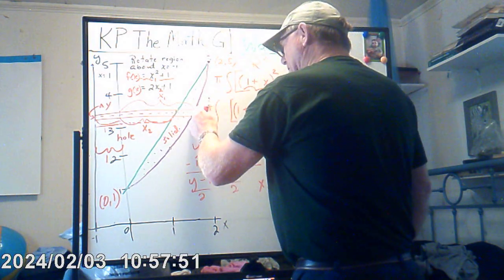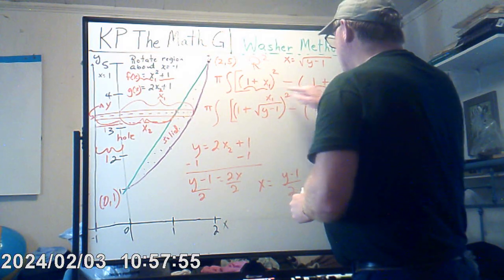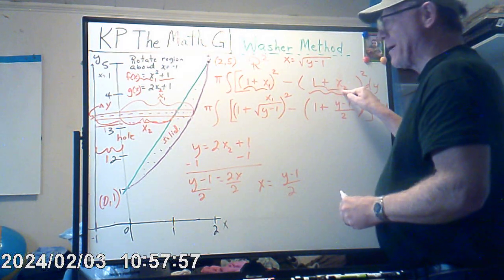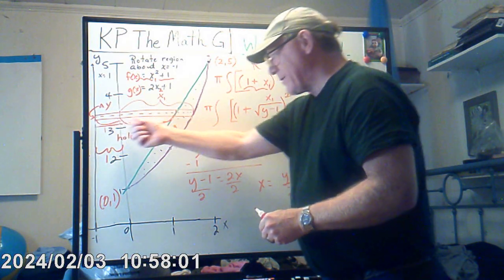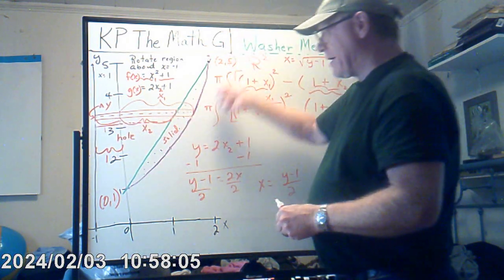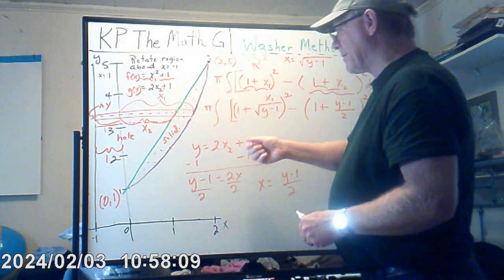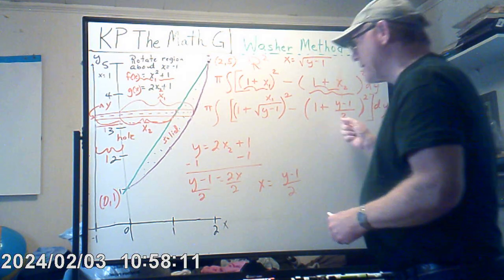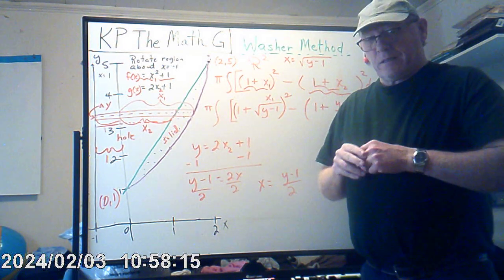F at x is greater than that, so you're going to always have your f at x here and your g at x here. Okay, because the f is further away, or to the right, and since it's to the right of that, then we're going to put that first. Here in this example here, we sure will. Okay?